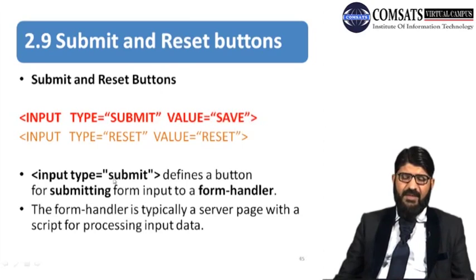When you give input type equals to submit, it defines a button. What does the button do? The submit button will submit all the form input to a form handler. So when you press the submit button, it will take all the input and submit it to the form handler.